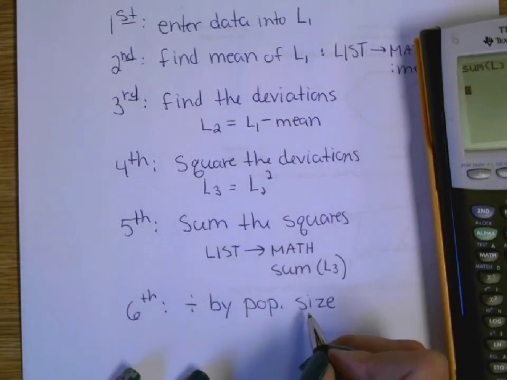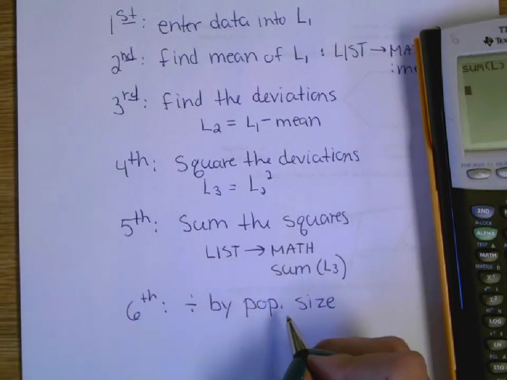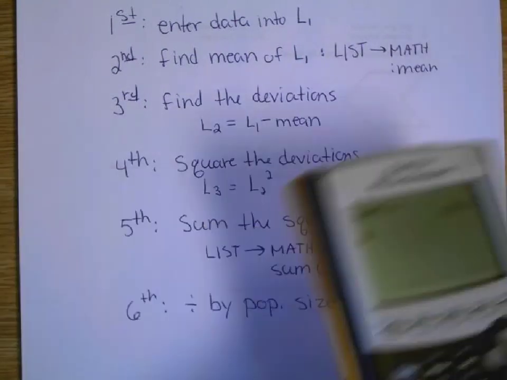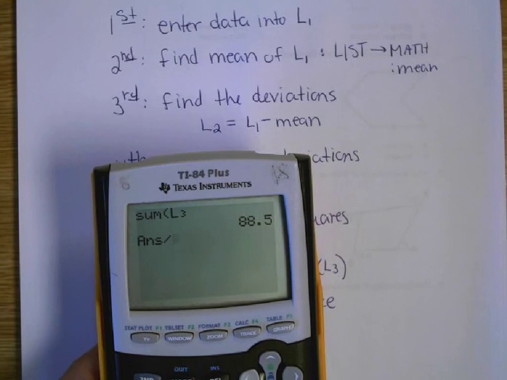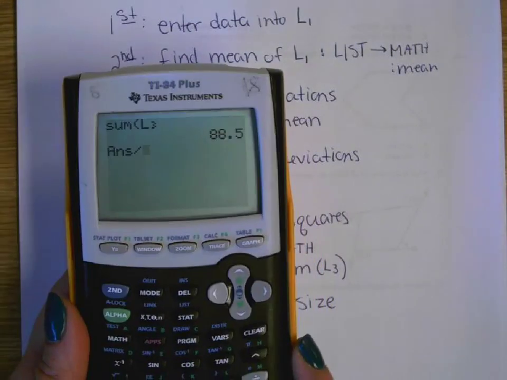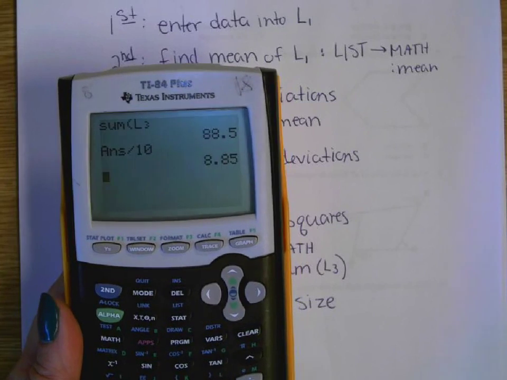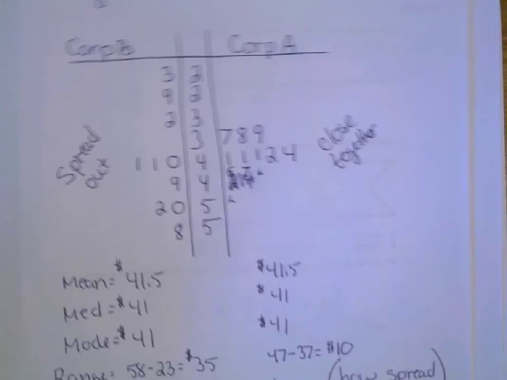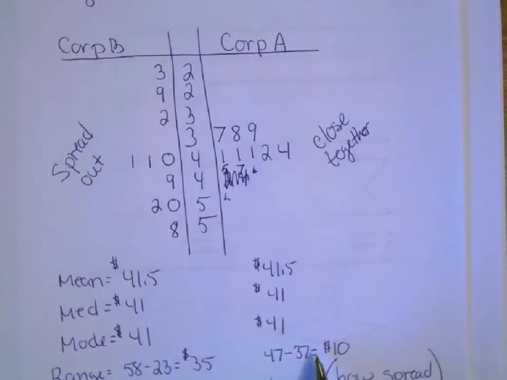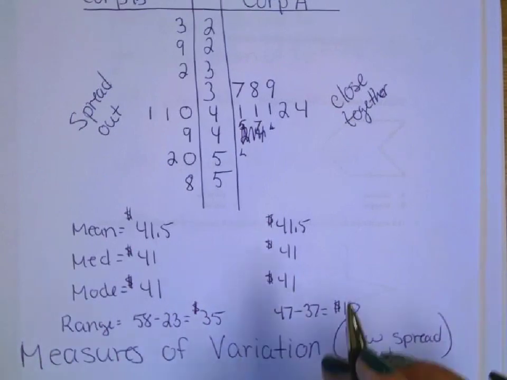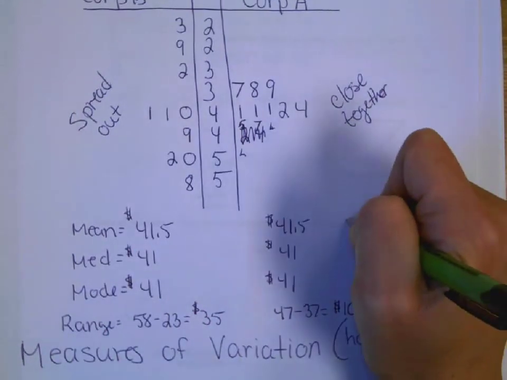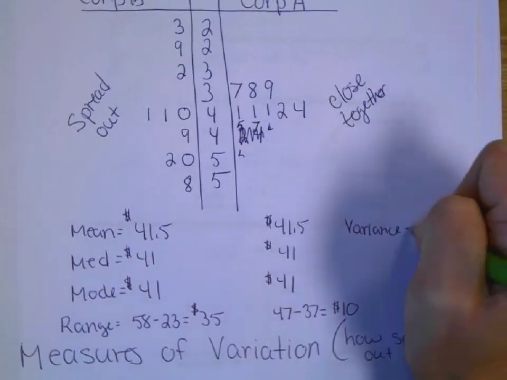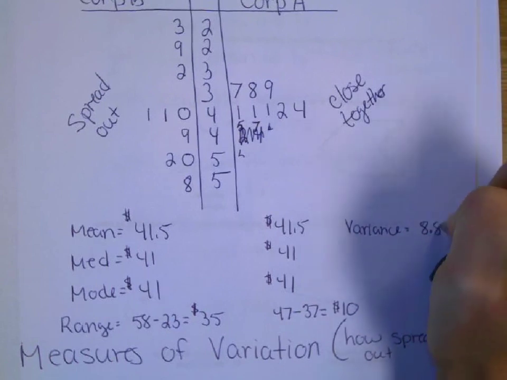Once I do that, I will have the variance for Corporation A. So, I had 10 employees, so I'll divide by 10, and I get a variance of 8.85. So if we go back, I did range, I want to stick variance in here, and that was Corporation A that I just did. So the variance is 8.85.